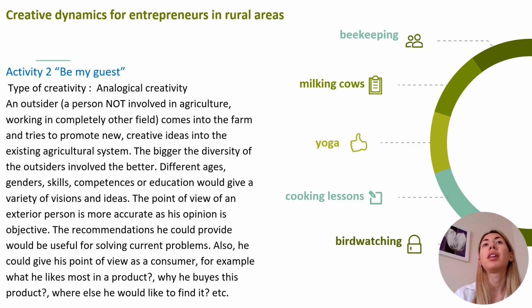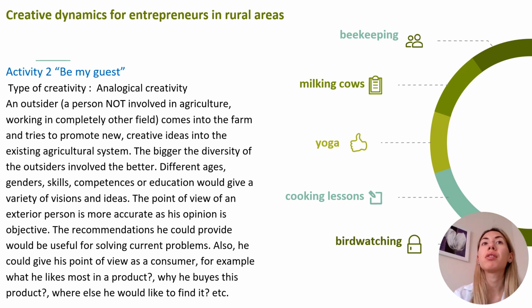The bigger the diversity of the outsiders involved, the better. Different ages, genders, skills, competencies, or education would give a variety of visions and ideas. The point of view of an exterior person is more accurate as his opinion is always objective.